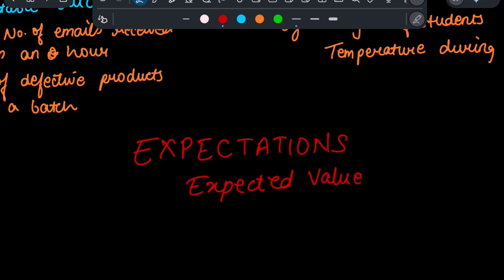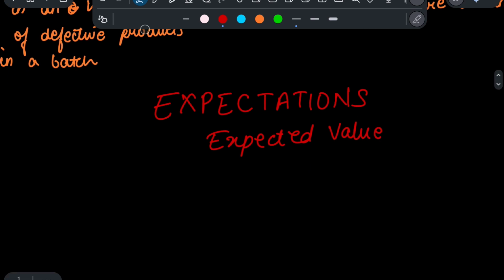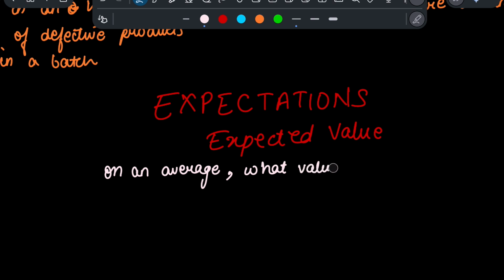It answers: on average, what value should we expect?